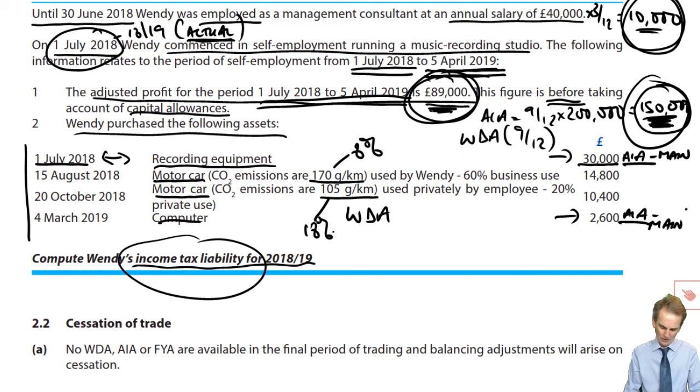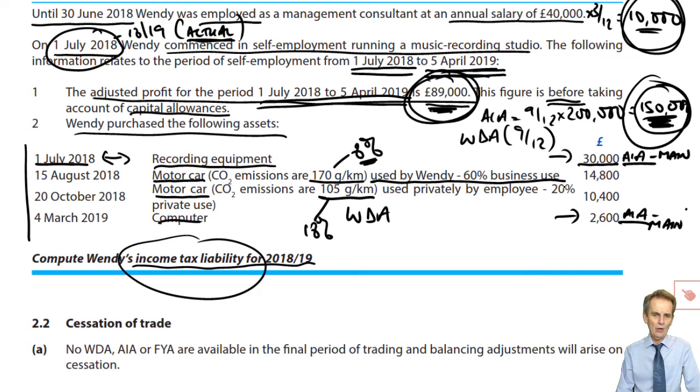But we then also have to look at whether these cars will be allocated to, in the case of the high emission car and 8%, does that therefore place it in the special rate pool? And with the lower emissions here of 105 grams, does that place it in the main pool? The first one, 170 grams per kilometre. Here's your problem. Used by Wendy, 60% business use. Wendy is the proprietor.